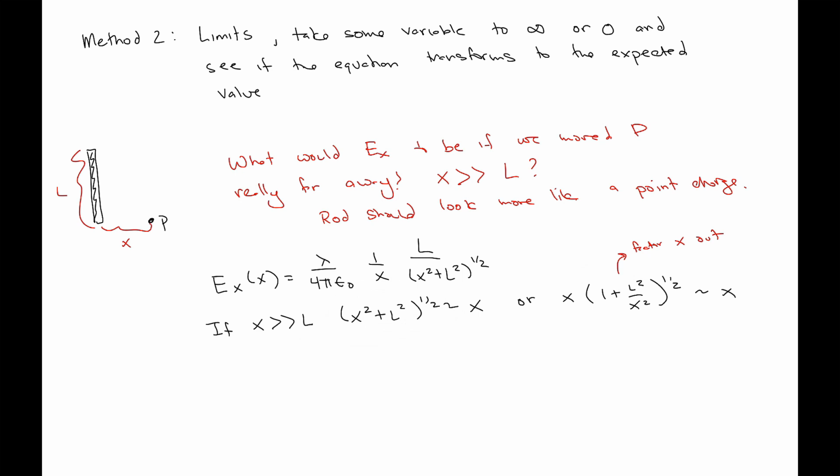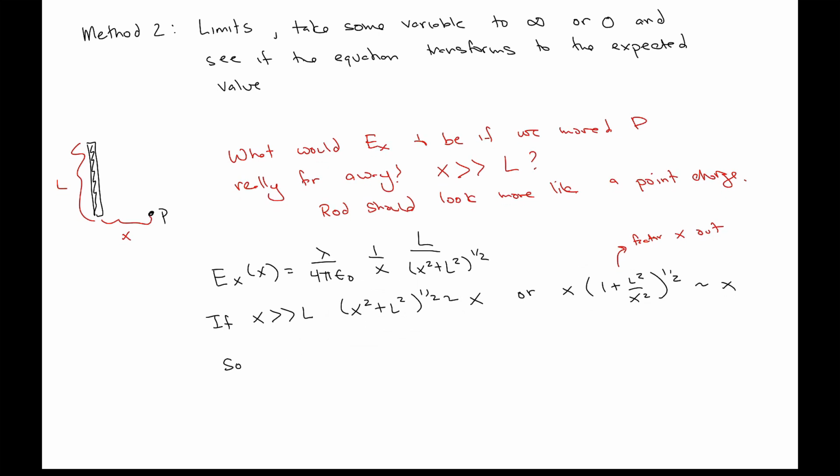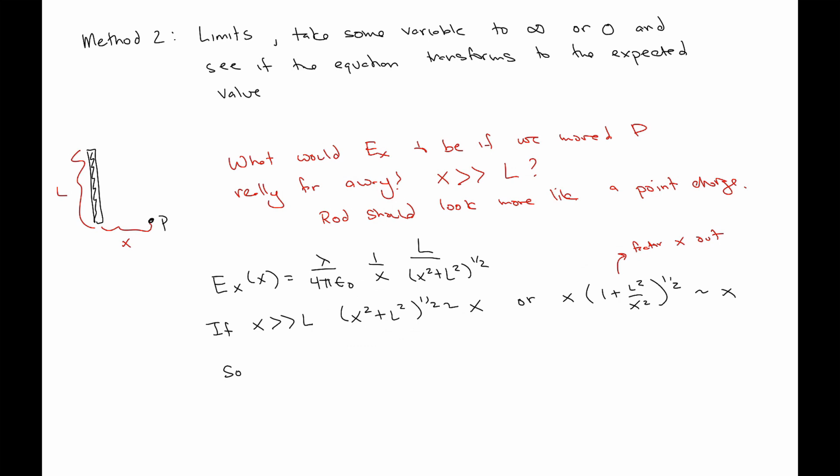So in the limit where x is much, much greater than L, E_x goes to lambda over 4 pi epsilon naught, 1 over x squared.